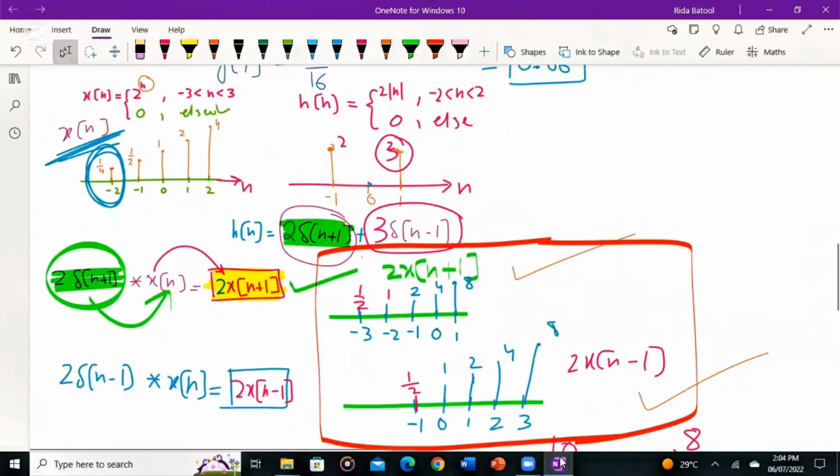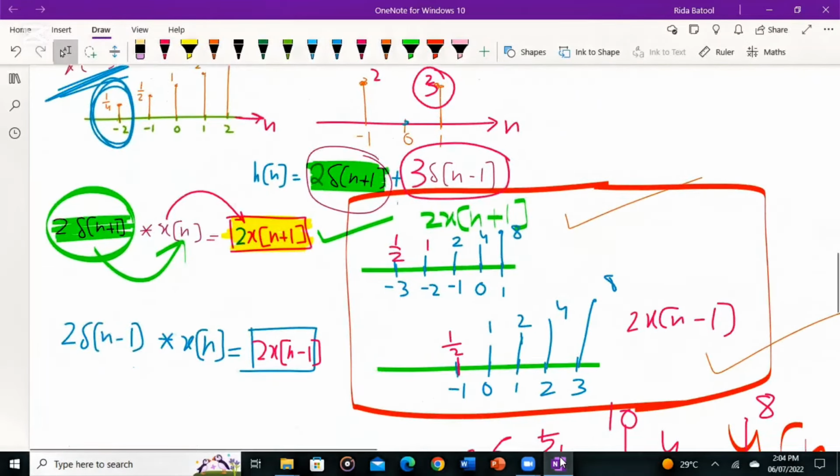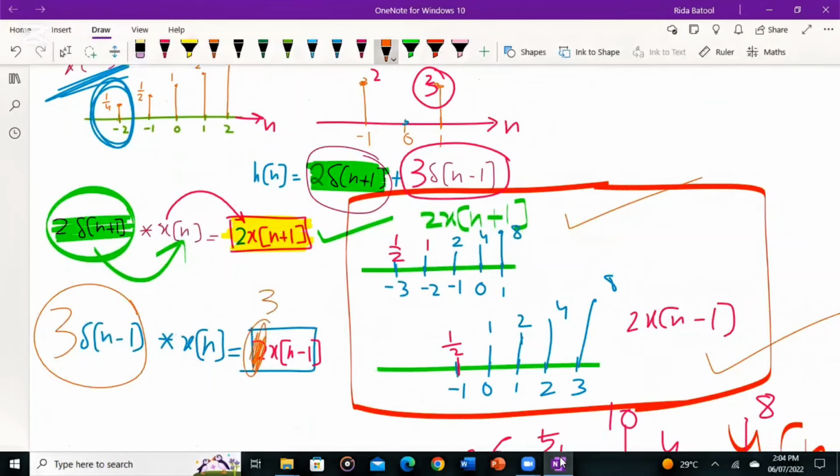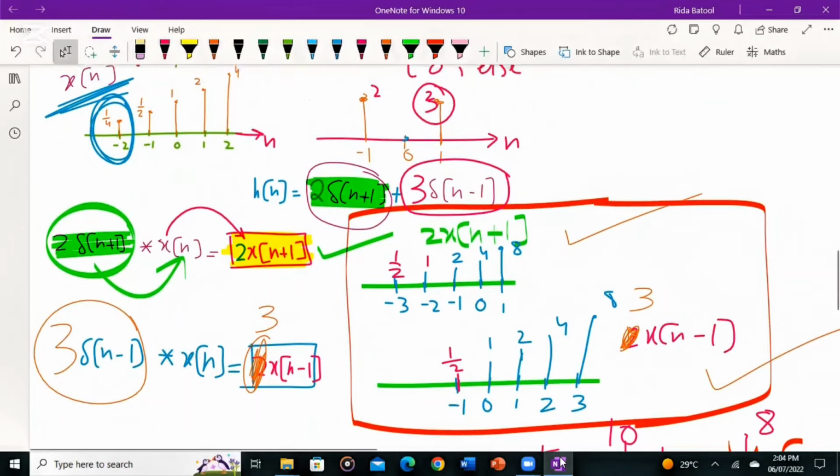Now what will be the changes? Here it would be 3 delta n minus 1. Here you have to replace this 2 by 3 and multiply every value by 3. 4 3s are 12.